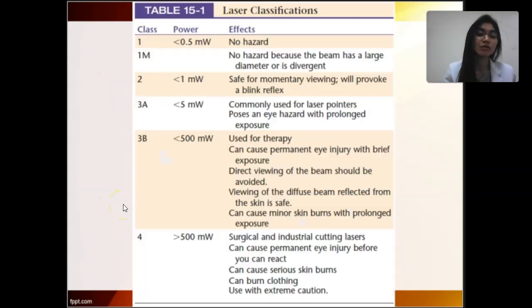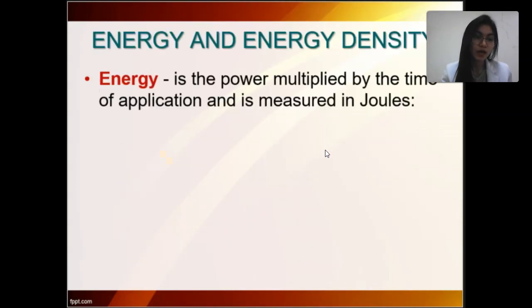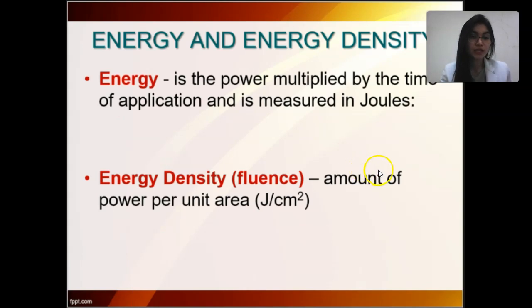Para hindi kayo malilito kay power density, balikan natin konti. With your power density, ay amount of power per unit area, and we are using the milliwatts per square centimeter. While your energy density, amount of power per unit area, but we are using the joules per square centimeter.